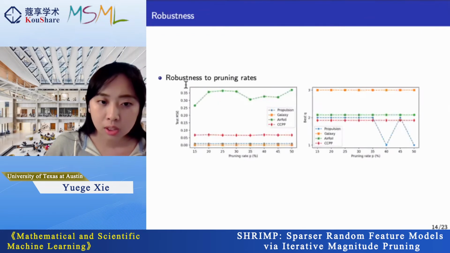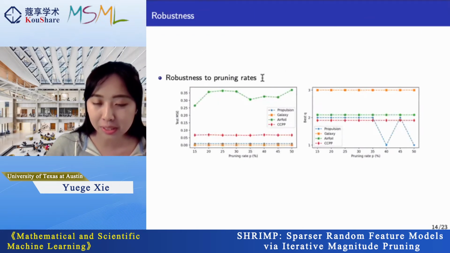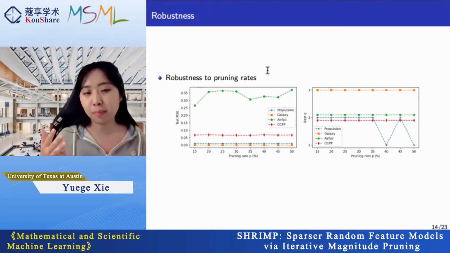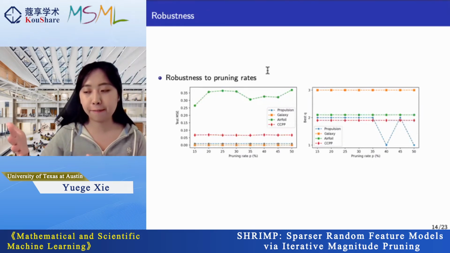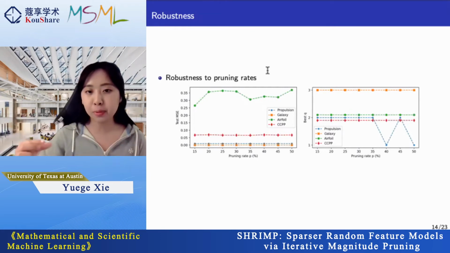And also, we can see the robustness to the pruning rates. From this slide, we would like to evaluate this because for SHRIMP, we need to input a fixed ratio for the pruning.